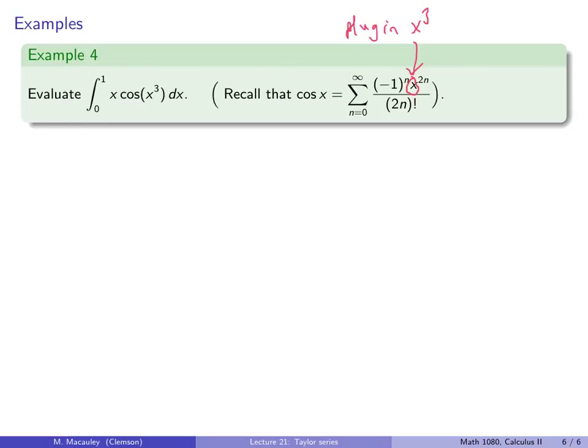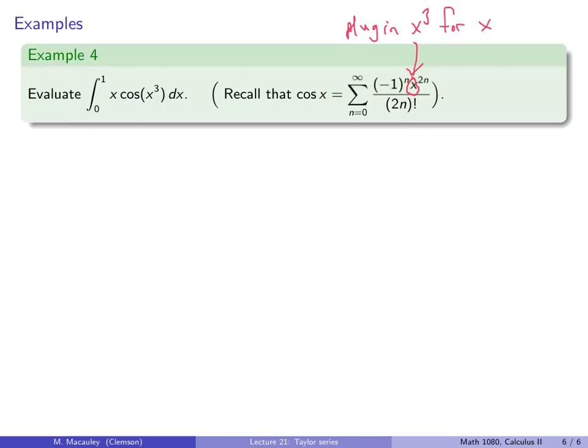Let me write, plug in x cubed for x. I don't want to say that's equal to x, because that's not, but cosine of something is equal to this creature, where that something is raised to the 2n. So cosine of x cubed is this creature, where that's x cubed raised to the 2n. Oh, and then we have to multiply by x as well. Okay, so let's write that down.